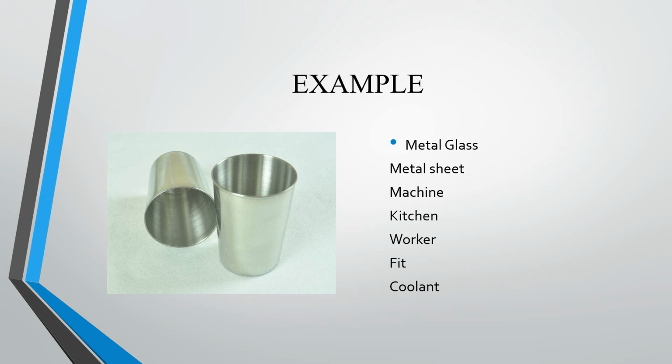Those products that are from the kitchen are produced with this type of process, the stamping. All right. The employee has to take the metal sheet and add some coolant before the process starts, because they have to avoid cracks during the process.